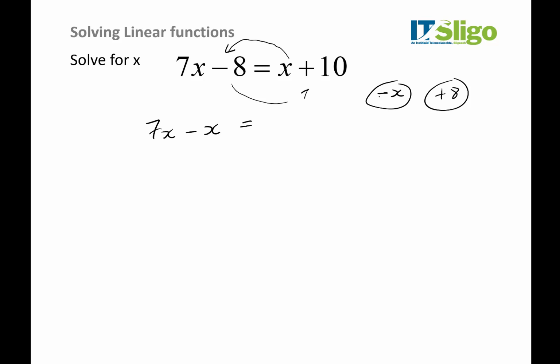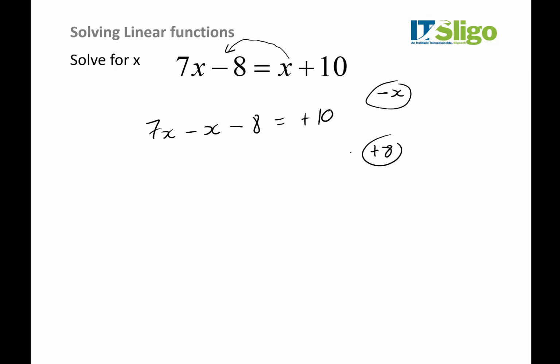And you can do these, you know, however many steps it takes. Just make sure you don't make any errors. So I've moved the x over. I'll actually just do it out. I'll just keep it a little bit more formal at the start. Is equal to plus 10. Now I'll move over the 8, just so that I know some people hate this stuff.